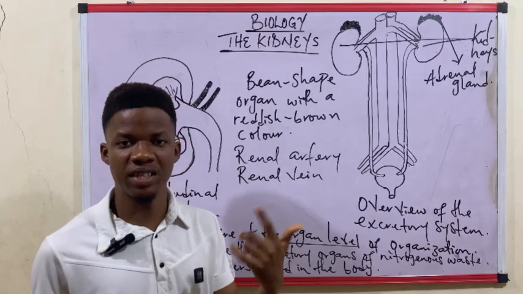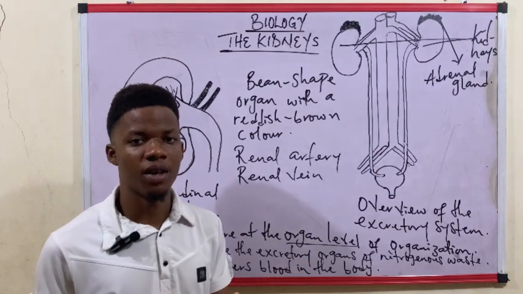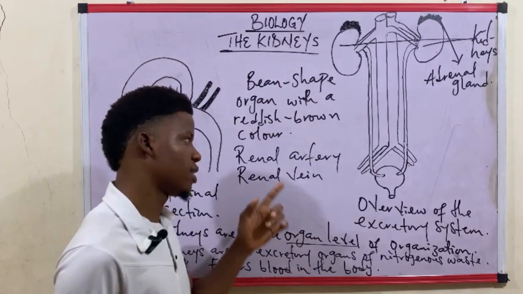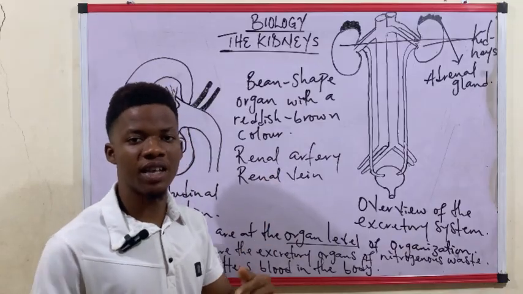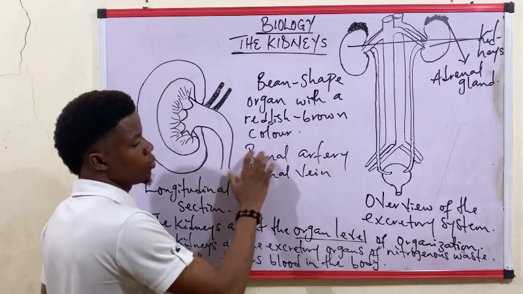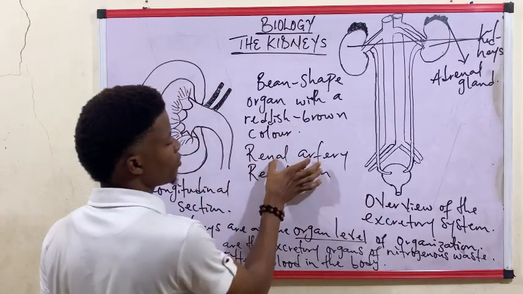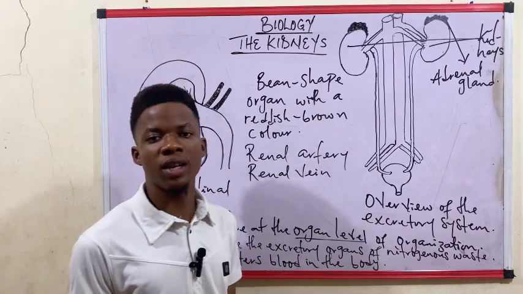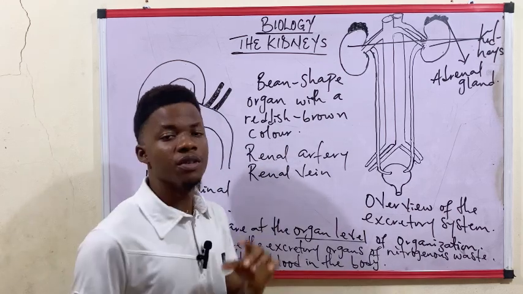But the blood leaving the kidney through the renal vein is more purified than the blood that is entering the kidney through the renal artery. So, between the renal artery and the renal vein, which one is carrying a cleaner blood? It is the renal vein.